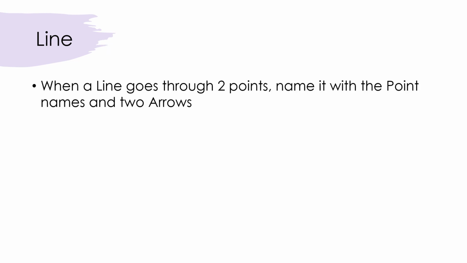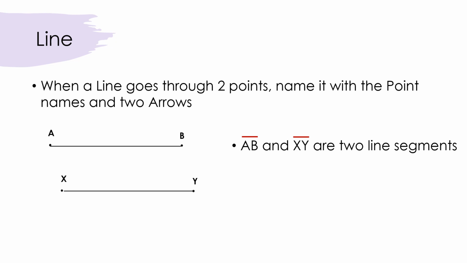Next we will look at line. When a line goes through 2 points, we name it with the point names and 2 arrows. In this picture, we have got AB and XY are 2 line segments. Now, if we make the arrows extend on 2 sides, it means that the lines are going on forever.